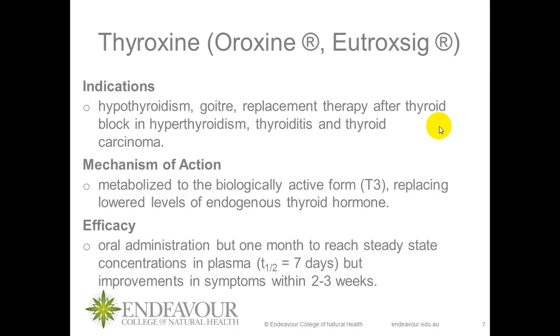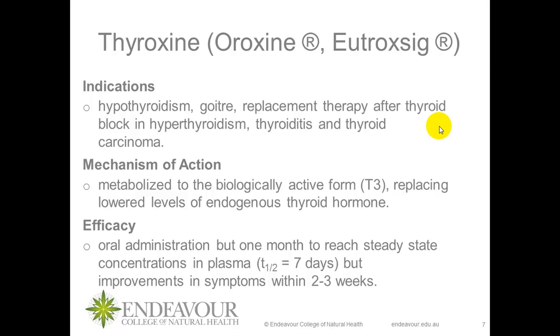If they have a goiter or a thyroid carcinoma. So thyroxine replaces their endogenous thyroid hormone, and that thyroxine will be metabolized by that 5-deiodinase into the active form T3 in the body.